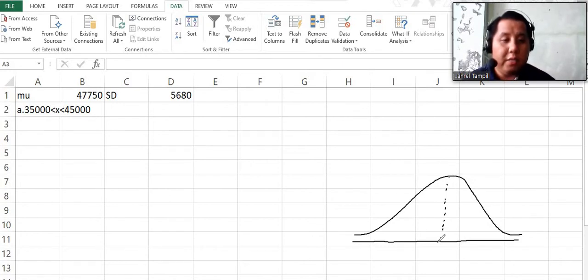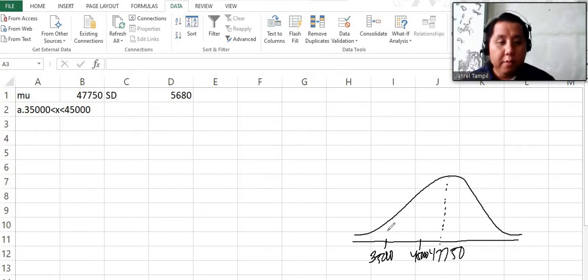And it says that this specific mean is 47,750 and the standard deviation is 5,680. But what we're looking for is the probability or the chance that the teacher's salary is between 35,000 and 45,000. So if we're going to see in the normal distribution, 35,000 is on the left of 47,750. So is 45,000, probably around this one.